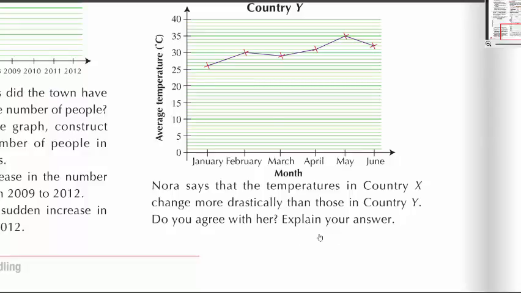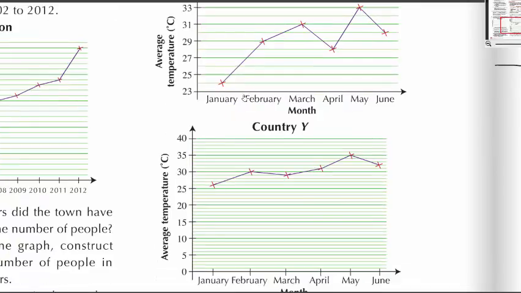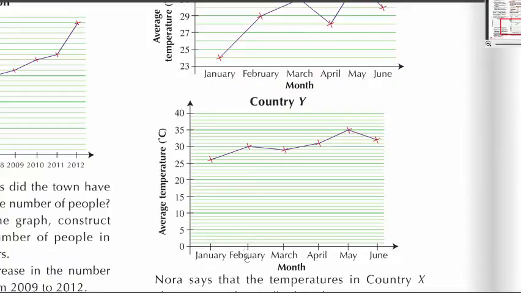And then why is it wrong? Because for the first graph, the scale of temperature starts from 23 to 33. So the graph looks bigger, and Nora misinterprets that the temperatures actually change more drastically. But in actual fact, it's not. So how are you going to write the statement? You can write it as such.